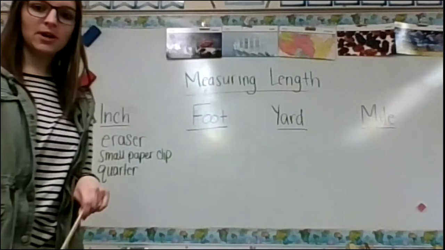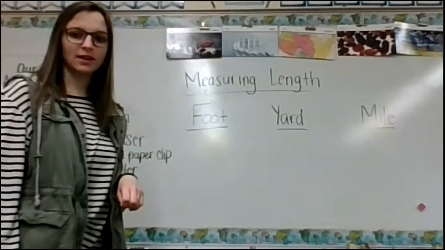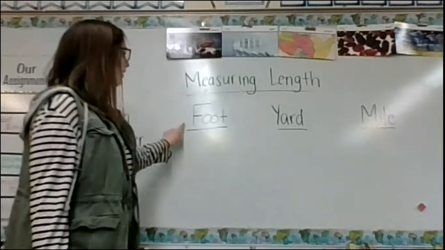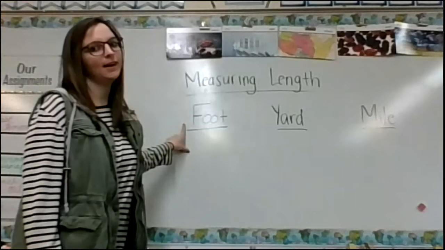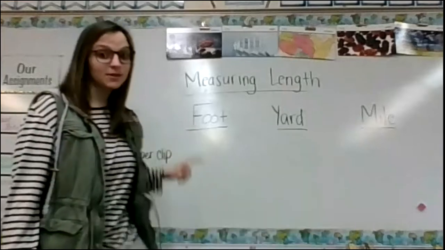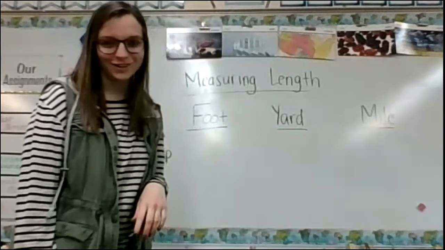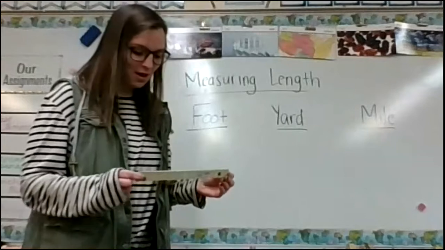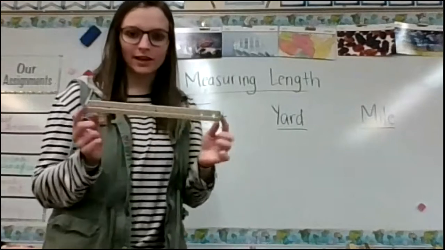And now you can tell we are going to move on to our second vocabulary word today, and that is foot. 1 foot. It's not like your foot. Some people's foot might be a foot, but yours aren't and mine aren't going to be. So our 1 foot is the length of a ruler.